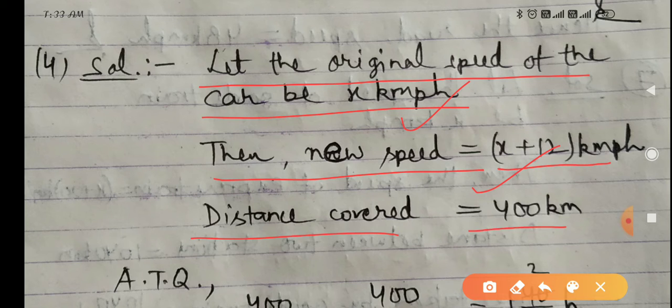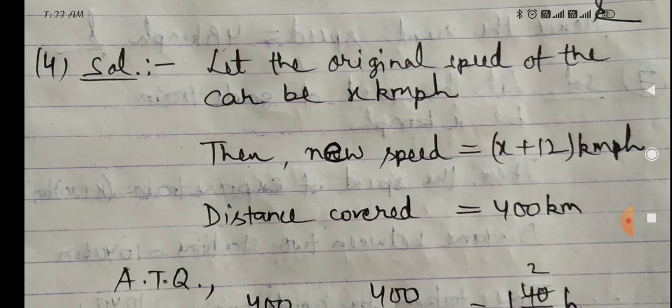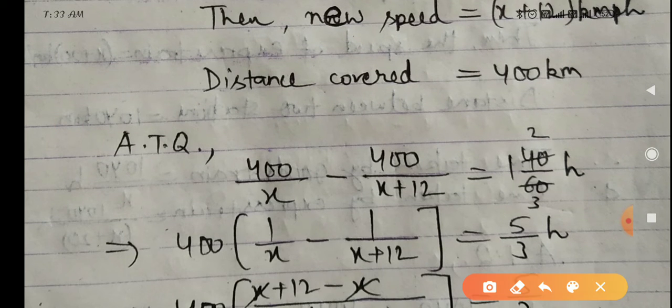Distance covered is 400 km. If the car is moving at x kmph, then time will be 400 upon x, distance upon speed. When the car is moving at x plus 12 kmph, then time will be 400 upon x plus 12 hours.